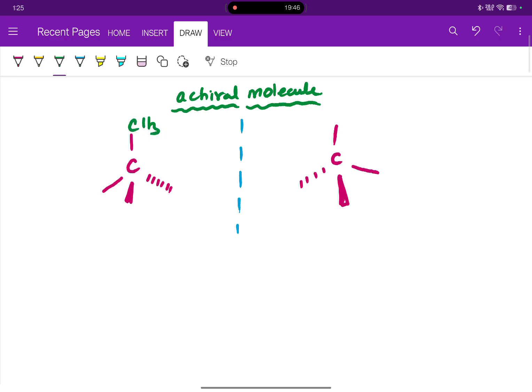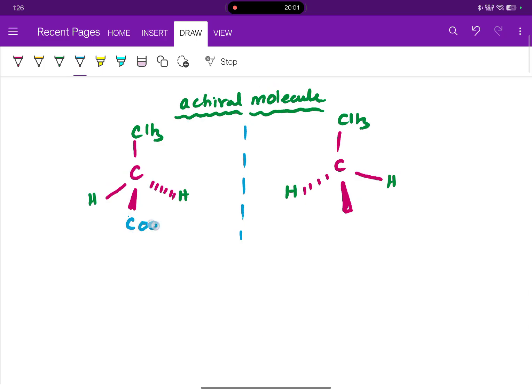So this is CH3. This is also CH3. Here I have H. In the opposite direction I have H. Here also I have H. Here also I have H. Here I have COOH. Here I have COH. So not all the 4 groups are same.